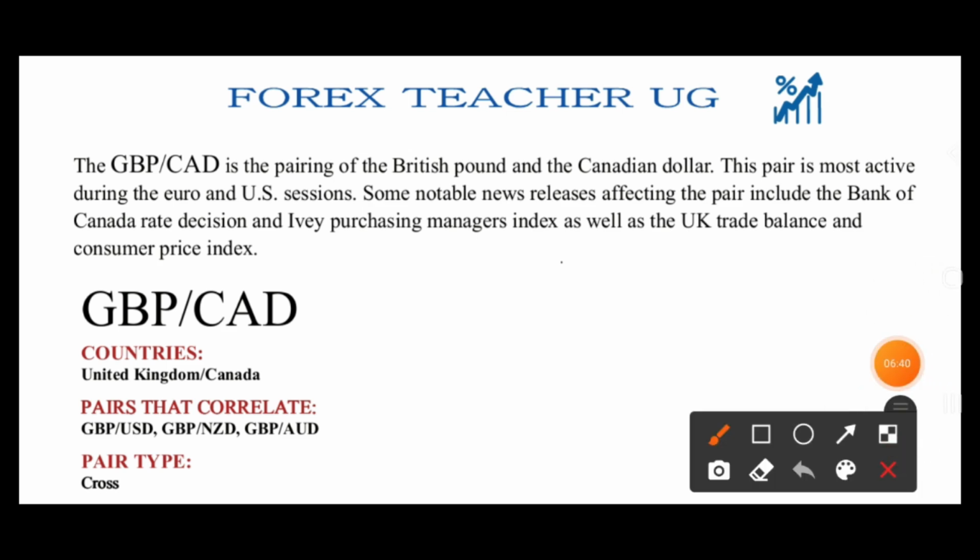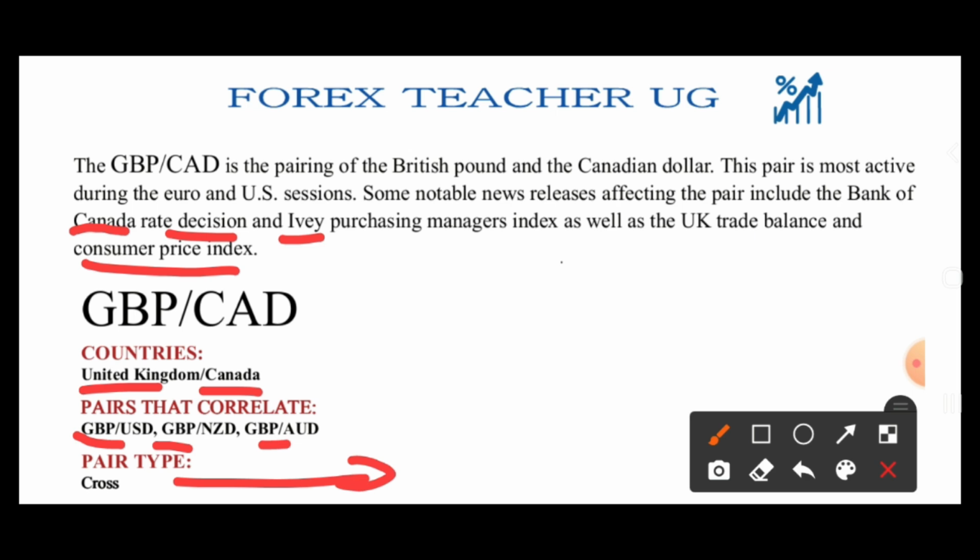Some notable news releases affecting the pair include the Bank of Canada rate decisions, which we shall be looking at in the fundamental analysis, and the UK purchasing managers index, as well as the UK trade balance and the consumer price index. It's from the United Kingdom and Canada, and these are the currencies they correlate with: GBP USD, GBP NZD, and GBP AUD, and the pair is a cross pair as we look at it.